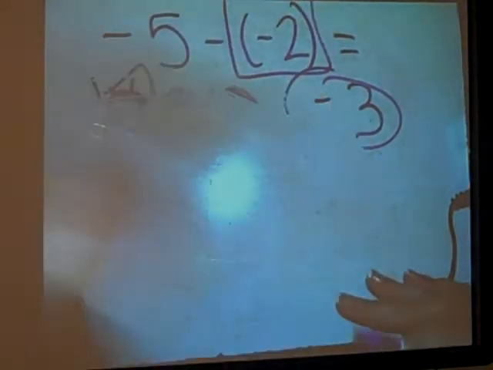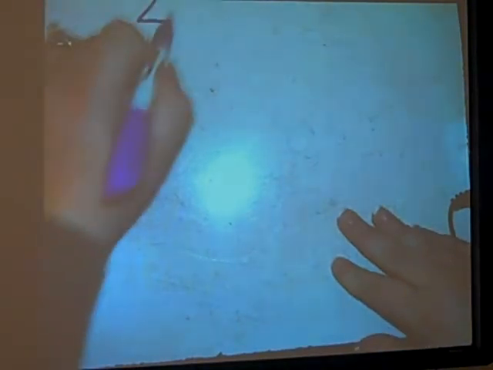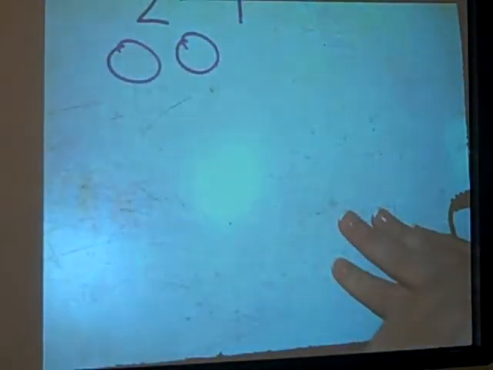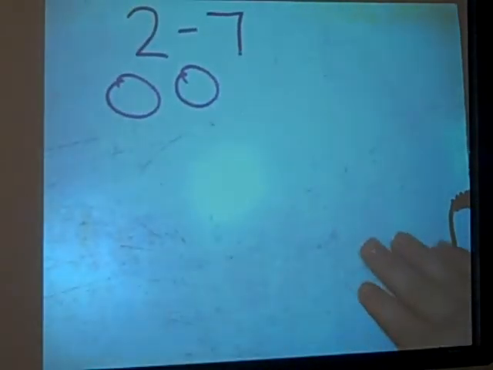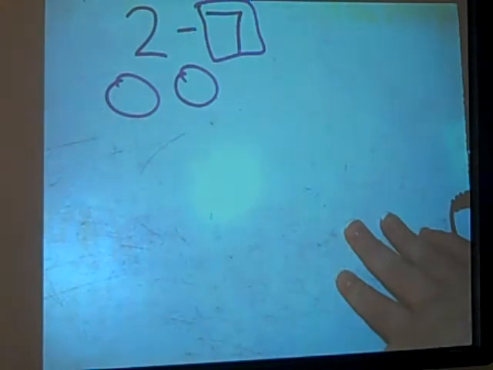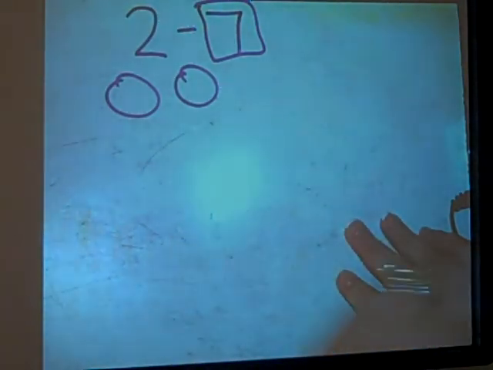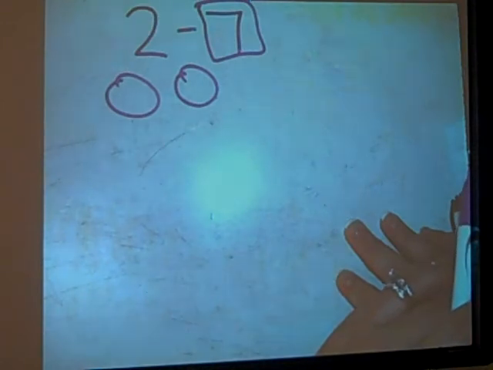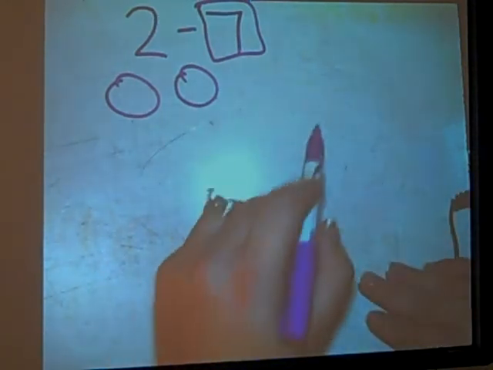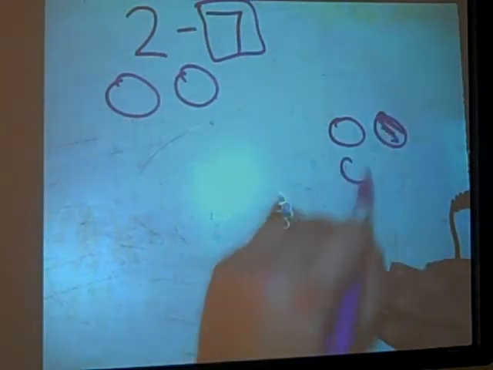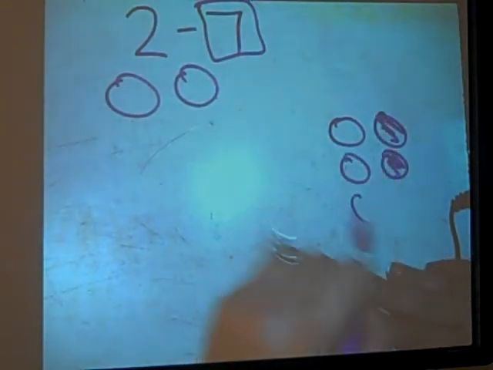Our last example for you to complete was 2 minus 7. Then I'm going to see the first number only. Sorry, 2 minus 7. I'm going to box in my second number. I need to ask myself, do I have 7 that I can take away? No, but I do have 2 positives. Okay, so how many more would I need to get 7? Well, I would need 5 more. So off to the side, I'm going to make 5 0 pairs.